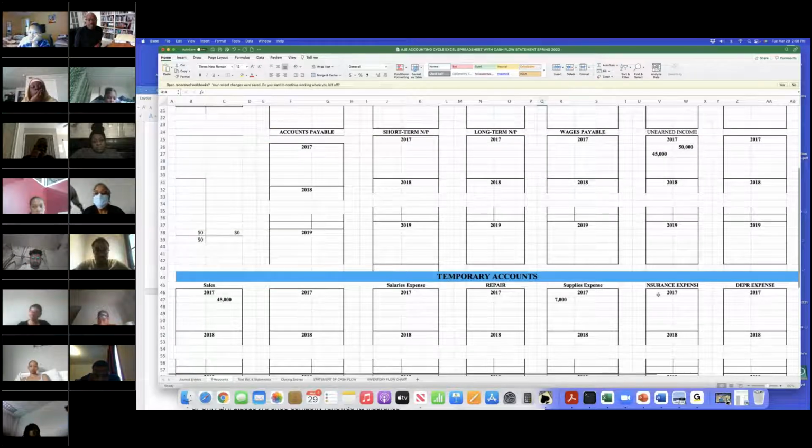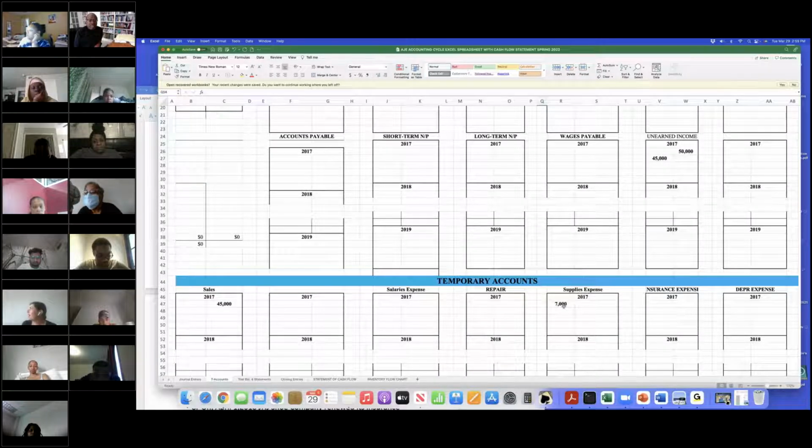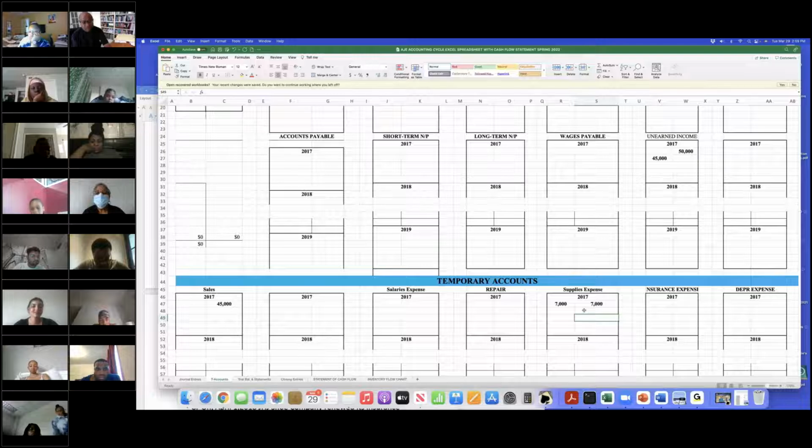Now, when we go to the supplies expense, it's different. If this is the supplies expense of 7,000, what do we know we're going to do? It's not going to carry over, correct? Because we're going to close it out. We're going to close it out, okay? So it won't be any carryover here, okay?